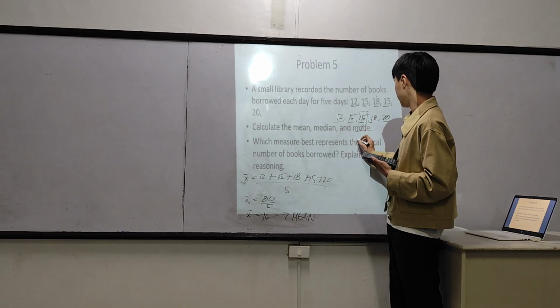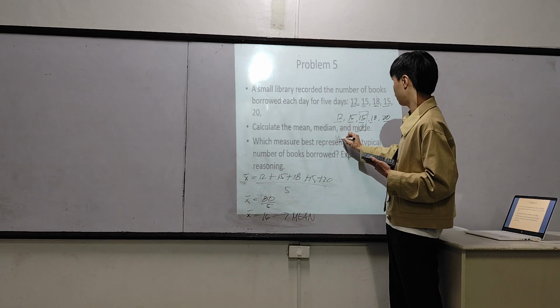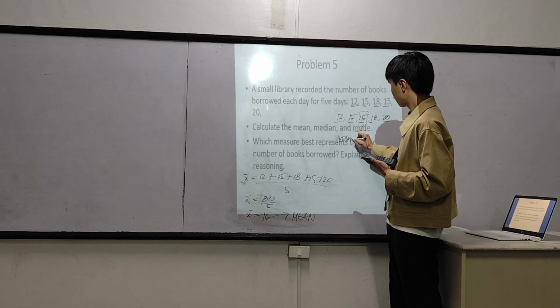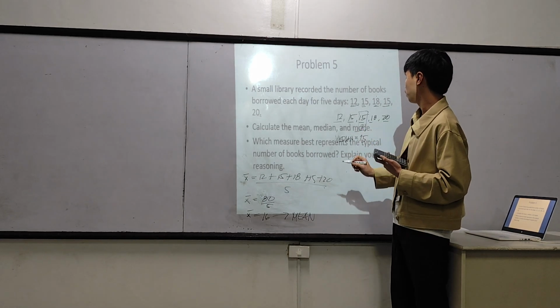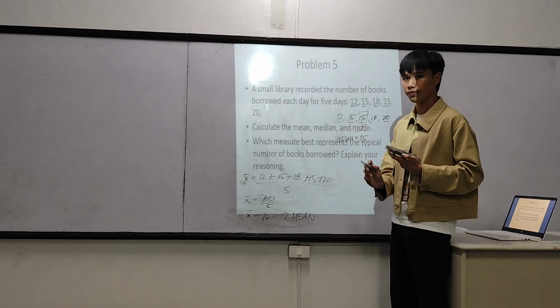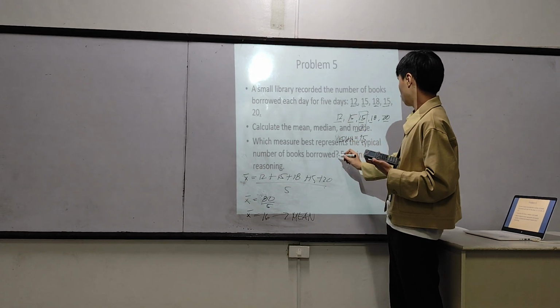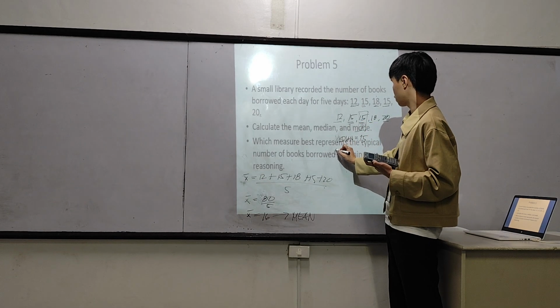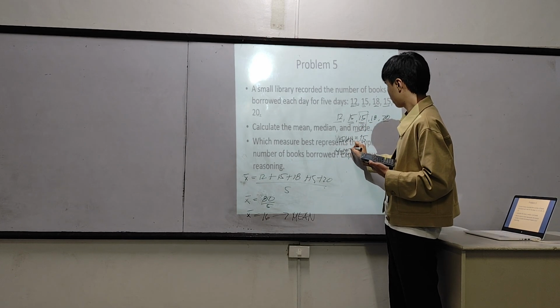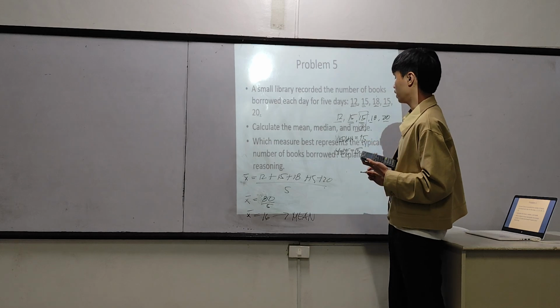So the median is equal to 15. To find the mode, we need to find the repeated number, which is also 15. So the mode is equal to 15.